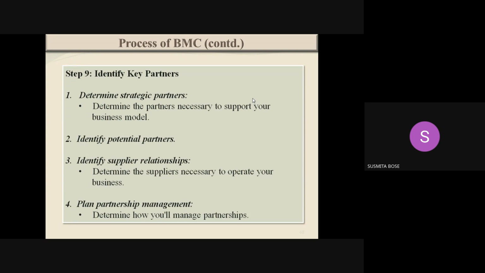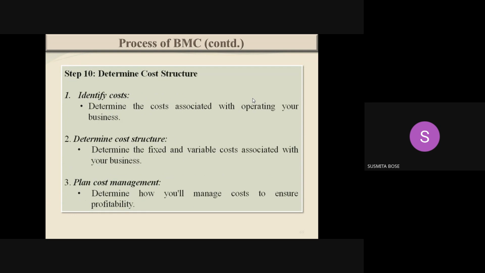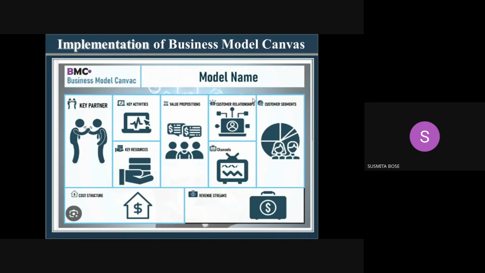Identify potential partners. Determine the suppliers necessary to operate your business, and determine how you will manage partnership. And the next step is determine the cost associated with operating your business. Determine the fixed and variable costs associated with your business, and determine how you will manage costs to ensure profitability.